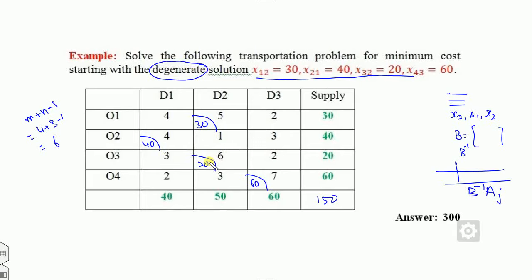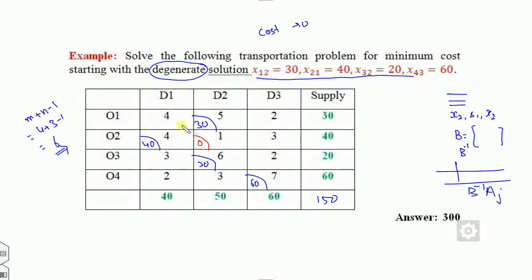So you have to first convert it into a non-degenerate one. It means two allocations are less, so you have to add two allocations arbitrarily with cost value 0. I can assign one value, say 0, arbitrarily here. Now the second value I can't assign here, because if I assign it here then it forms a closed loop.